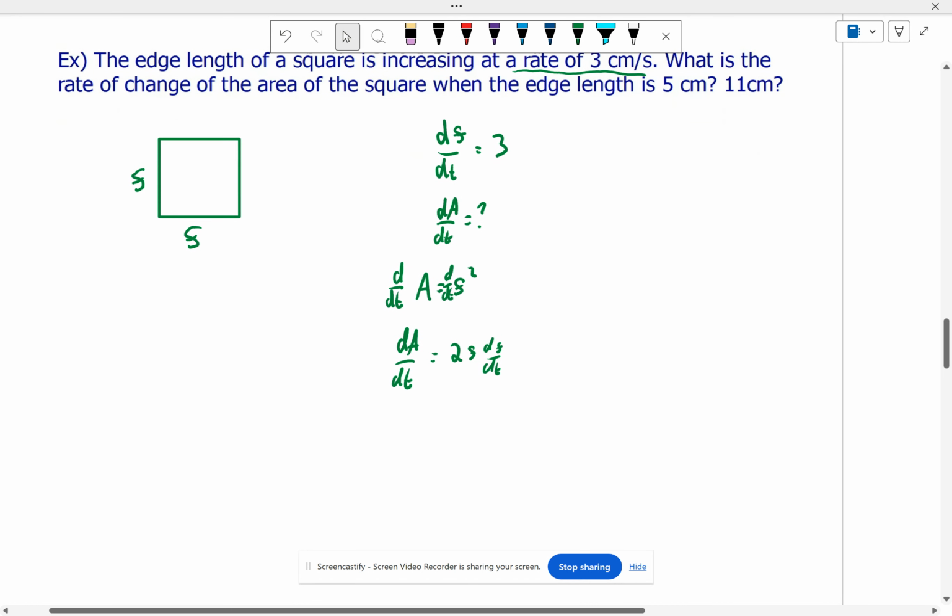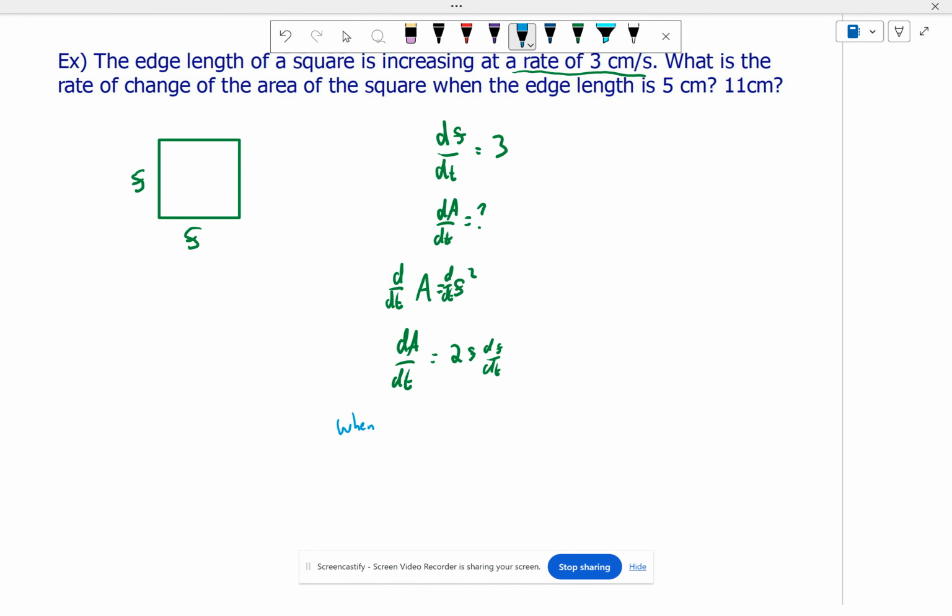So when the side length is 5, dA/dt is 2 times 5 times ds/dt, which is 3, which is 30. So when the side length is 5, the area is changing at a rate of 30 square centimeters per second.